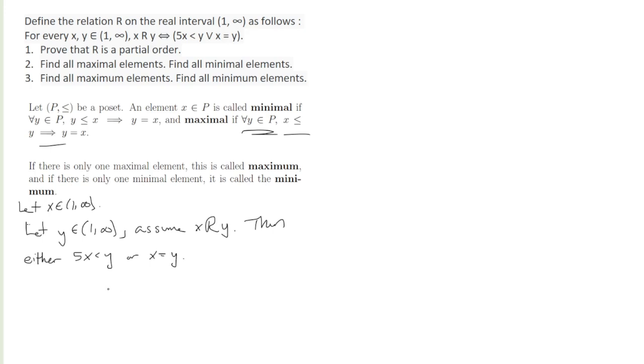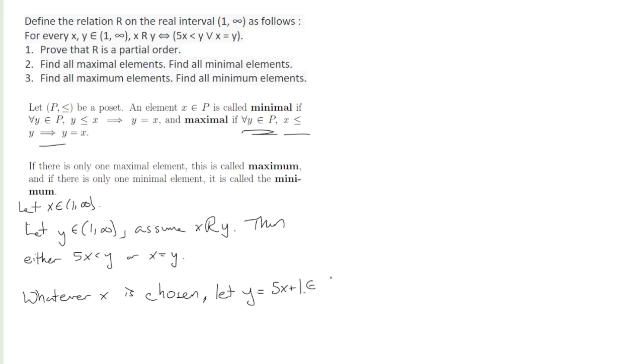Whatever x is chosen, I can find a y that's big enough so that 5x is less than y. Specifically, for instance, let y be 5x plus 1.